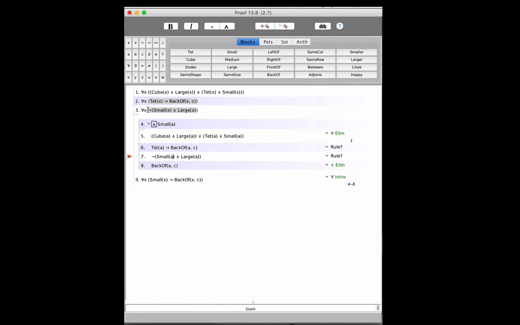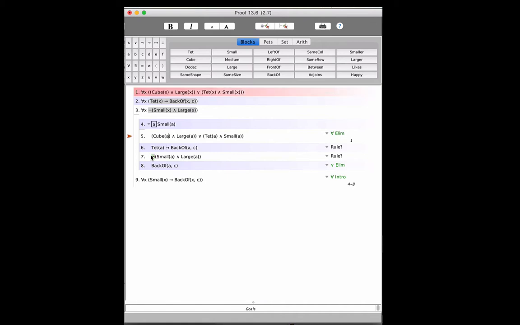And then lastly, you have a negated conjunction. The fact that the negation is the main connective of this sentence should tell you that you're going to want to find a contradiction. And then from a contradiction, anything follows, and what you want is back of AC.